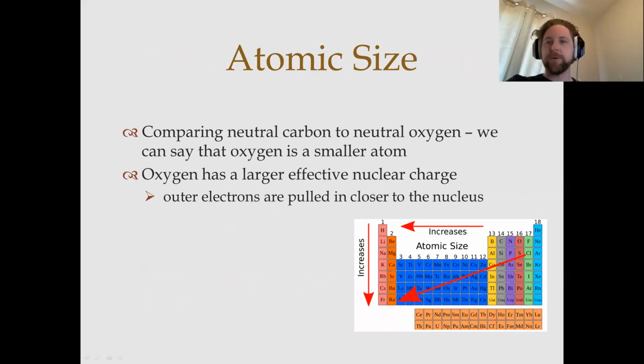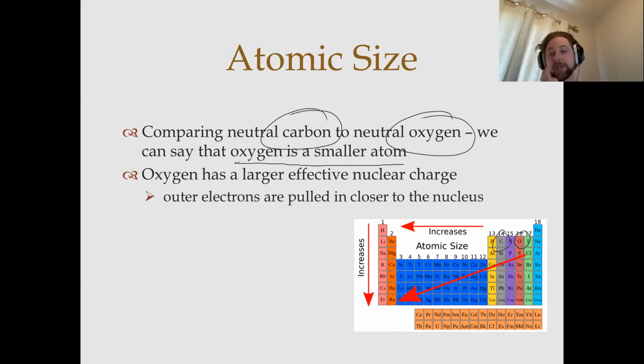For the example we're going to see today, we're going to compare carbon to oxygen. And we're going to be able to say that oxygen is smaller than carbon, even though we can see on the periodic table that oxygen is further to the right than carbon, meaning oxygen has two more protons, two more electrons in the neutral state. Oxygen is still a smaller atom in terms of where the electrons are able to exist.